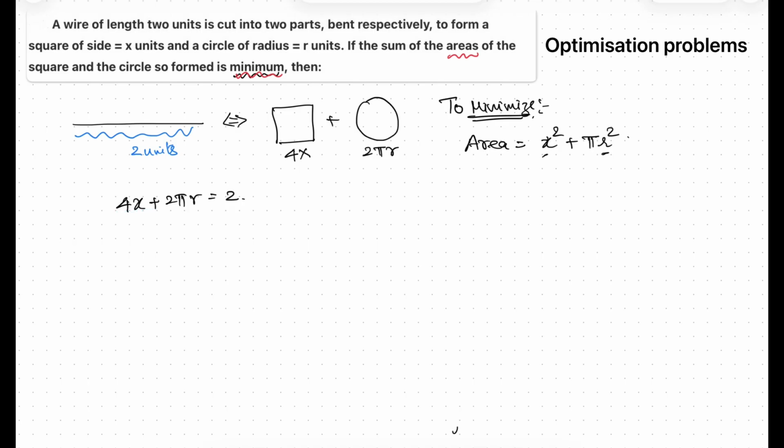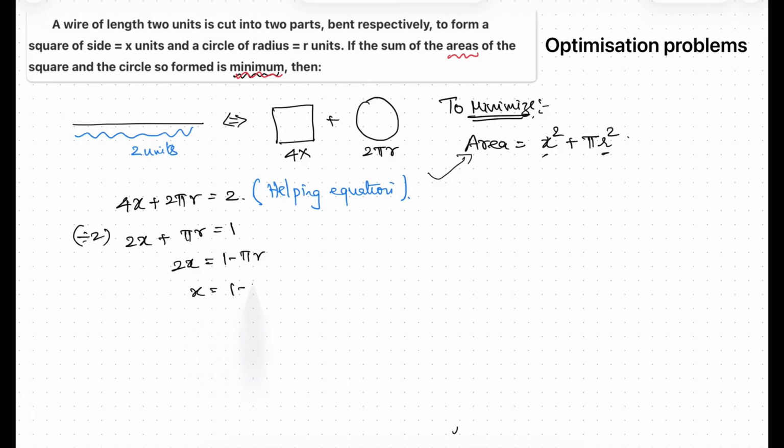This is what I usually call your helping equation, meaning this equation is going to help change this function to a one-variable function. How will I do it? Let me just divide it by 2. I will get 2x plus pi r is equal to 1. So 2x is equal to 1 minus pi r, and x is equal to (1 minus pi r) divided by 2.